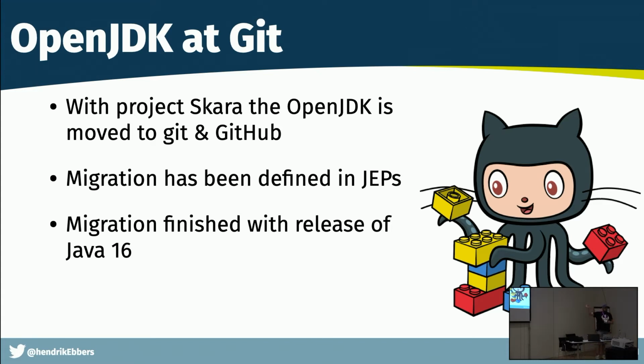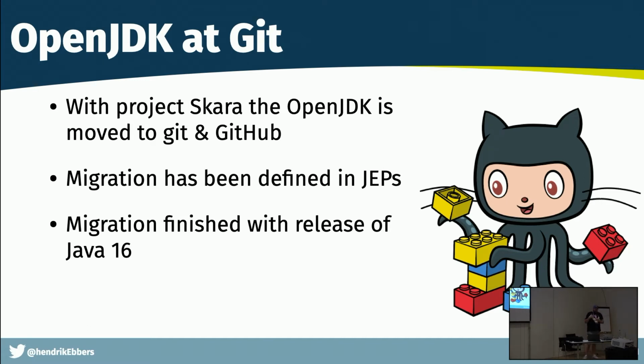There was a JEP, like we've seen before, that defined this migration and defined how the repository should look at GitHub and so on. And this JEP has been implemented with Java 16. So starting from Java 16, all the sources of the OpenJDK are finally at GitHub.